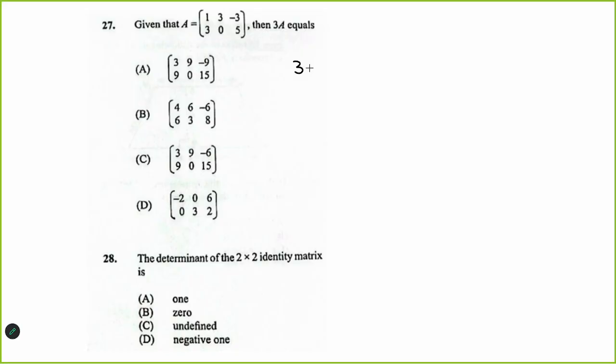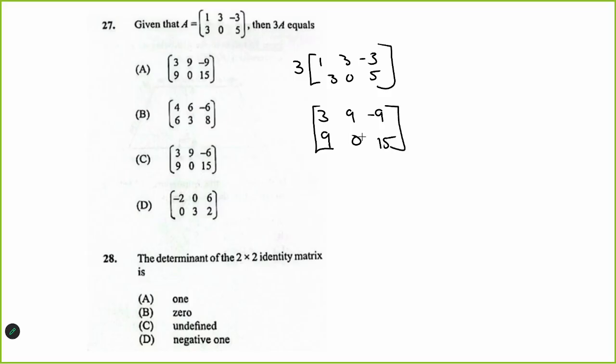So if I have 3 by 1, 3, negative 3, 3, 0, 5, I'm multiplying 3 by each one. So 3 by 1 is 3, 3 by 3 is 9, 3 by negative 3 is negative 9, 3 by 3 is 9 again, 3 by 0 is 0, 3 by 5 is 15. So you're looking for this answer, which is A.